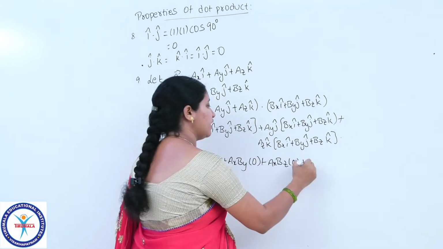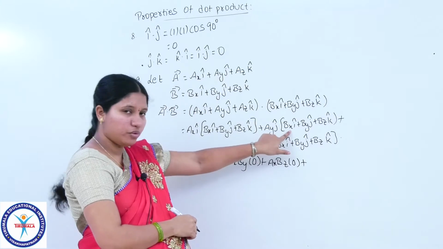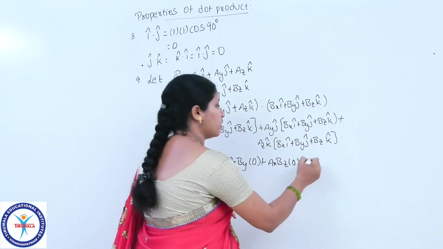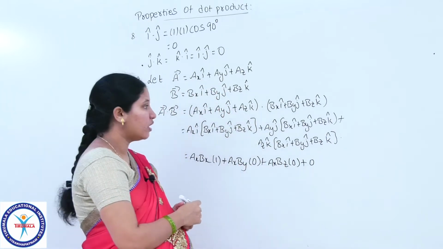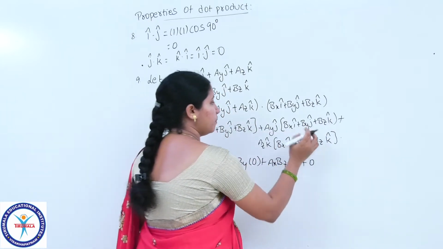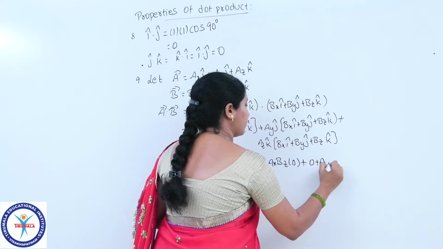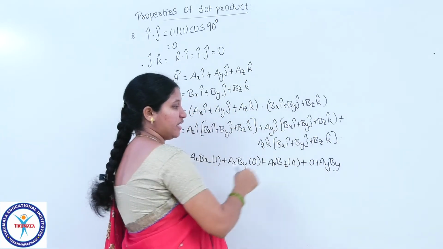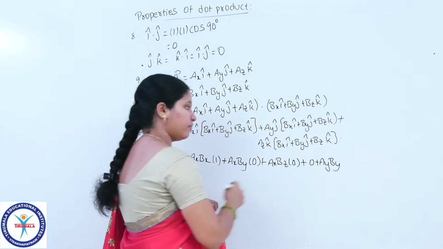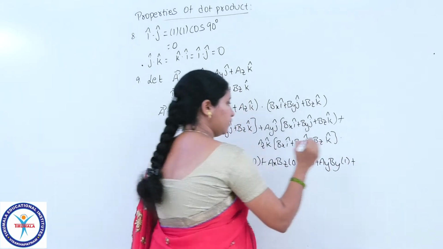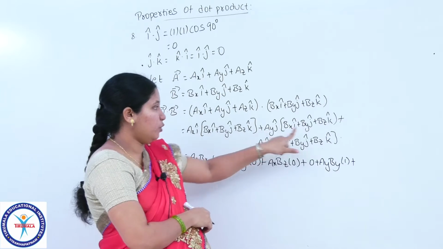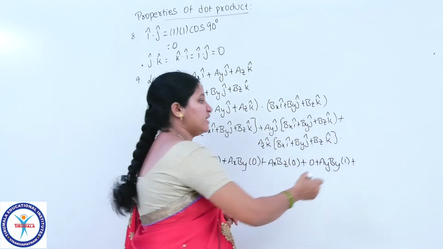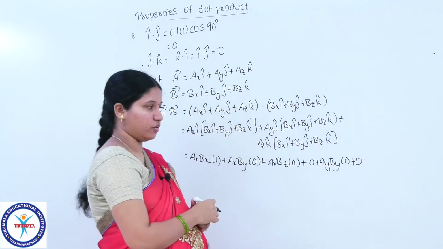Similarly, for the next one, ay into bx, and j dot i is 0, so the whole term will be 0. And ay into by, and j dot j is 1, hence we get ay into by into 1, plus ay into bz, and j dot k is 0, hence the term will be 0.